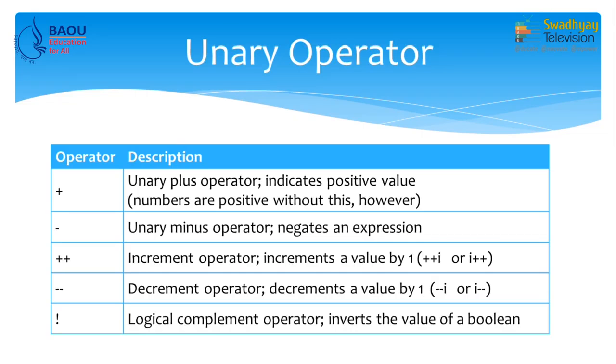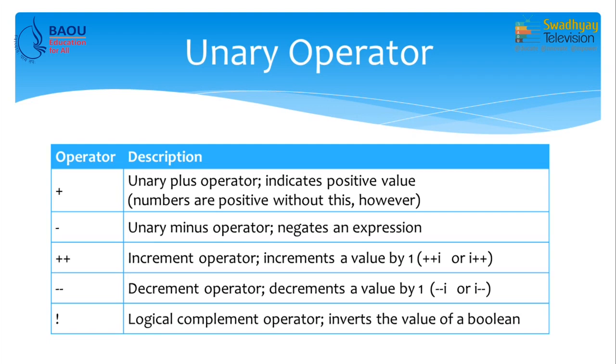On screen, you can see the first operator is plus. Here it is not an addition operator, but it is a unary plus to indicate positive value. Similarly, we have the unary minus operator to negate an expression or show a negative value.